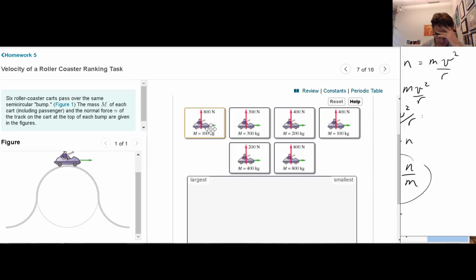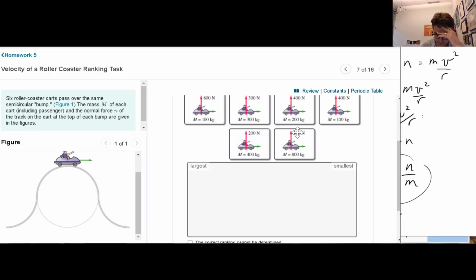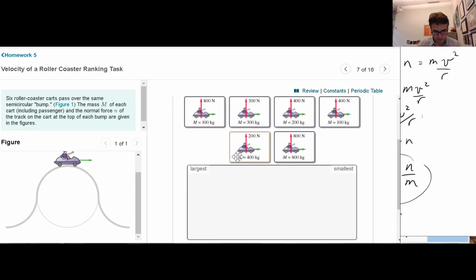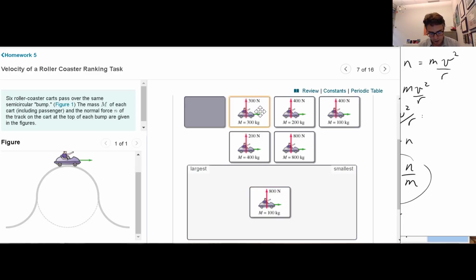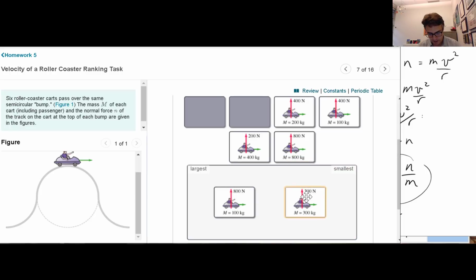So 800 divided, so that's 8, so let's put it right here. Can we do it? Yep. So if that's 8, this is 1, so wait, 8 is greater than 1, so we want this 1 to be up here because we're ranking them in the opposite. Oh wait, no, 8 is greater than 1, so the other way around.